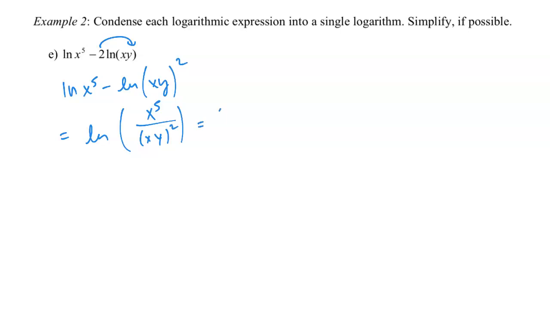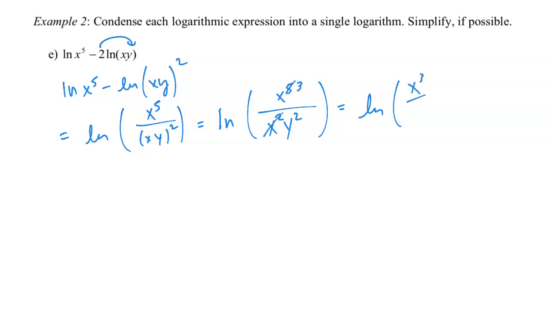And now I'm just going to simplify what is inside the parentheses. And so if I have xy quantity squared, I know that's the same thing as x squared y squared. And so now my x's will reduce. These will cancel, and they will cancel with 2 of those, so that will be x cubed in the numerator divided by y squared.